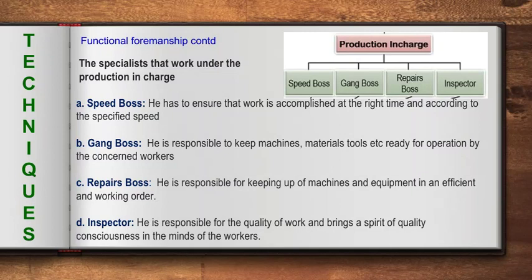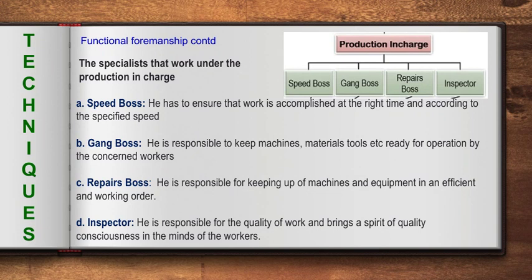So, to simplify his work, he has 4 clerks under him. The first one is the speed boss. He is in charge of seeing that workers do their job at the right speed so that it is finished on time. And therefore, he is called the speed boss.